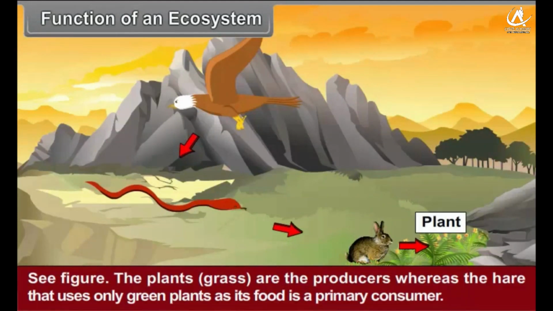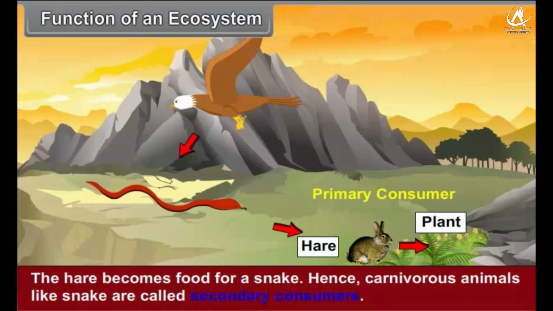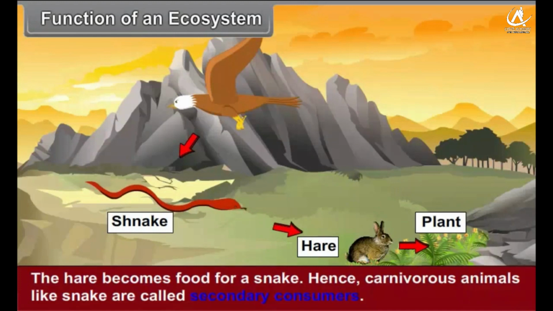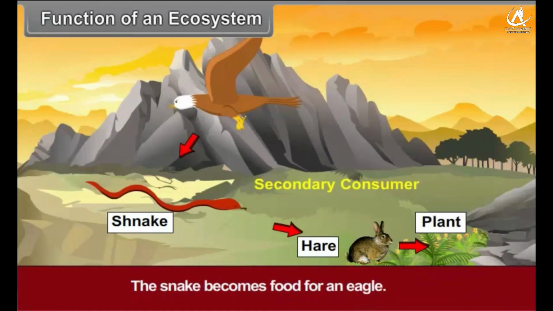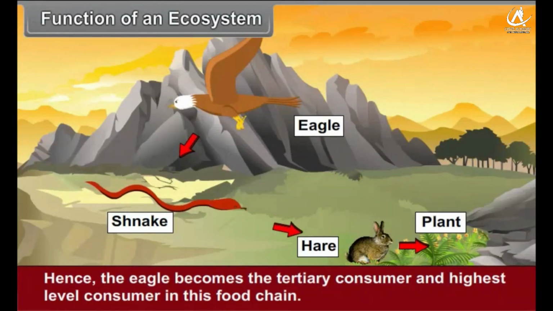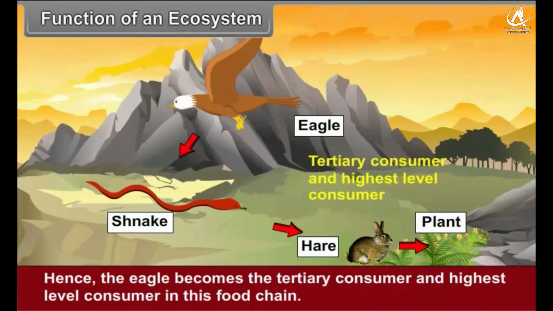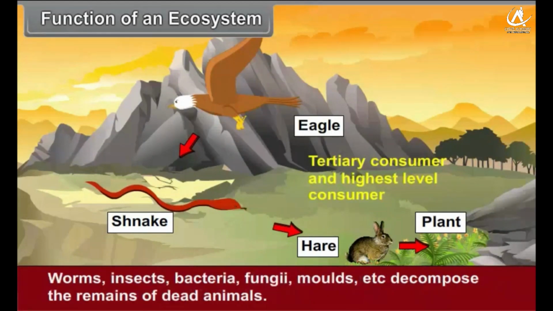The plants, that is, grass, are the producers, whereas the hare that uses only green plants as its food is a primary consumer. The hare becomes food for a snake. Hence, carnivorous animals like snakes are called secondary consumers. The snakes become food for an eagle. Hence, the eagle becomes the tertiary consumer and the highest level consumer in this food chain.